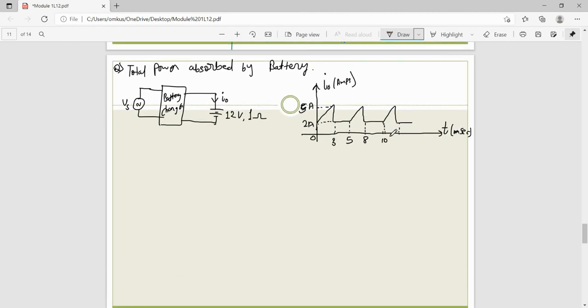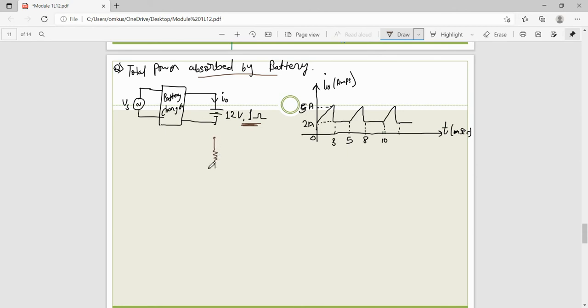Now the third question is, you need to find out the power absorbed by the battery. Now see, this 1 ohm indicates the battery has an internal resistance. So this branch looks like that.